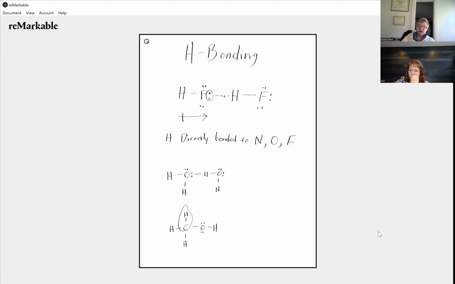They are not bonded to oxygen. This one is. You have a hydrogen directly bonded to an oxygen. It is going to be hydrogen bonding. So just look for that hydrogen directly bonded to nitrogen, oxygen, and fluorine.